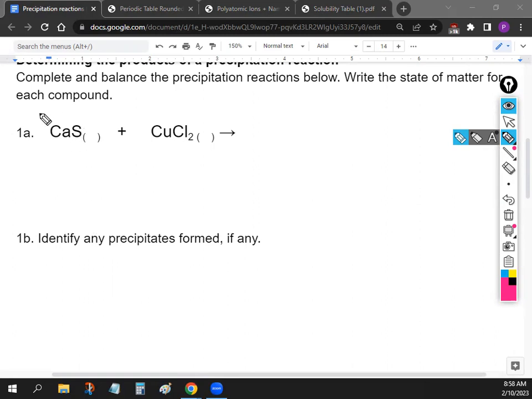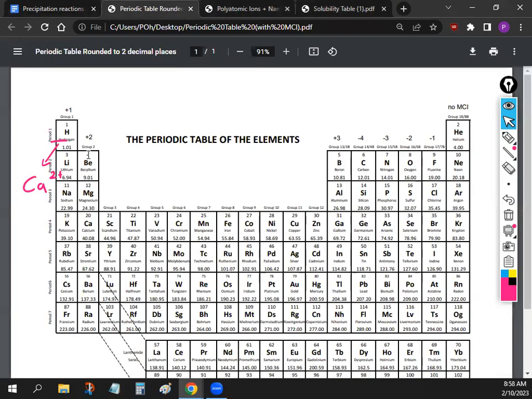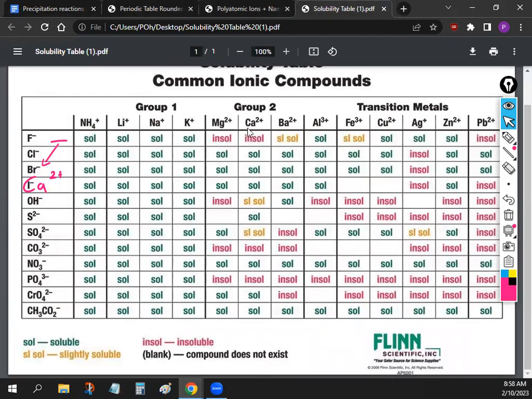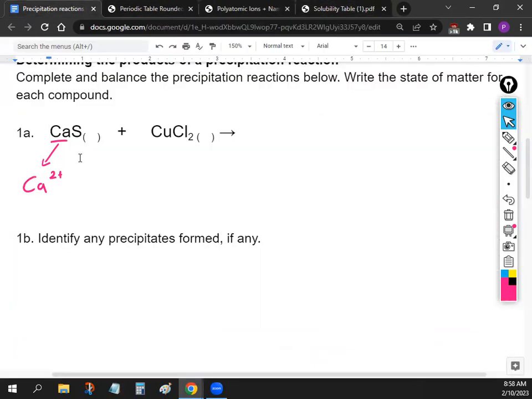Okay, so what is the cation in this compound right here? Yeah, it's going to be Ca. And what's the charge going to be on Ca? Yeah, +2. Okay, so there are multiple ways you can figure out that it's Ca +2. You can look on the periodic table. Ca is in the +2 column. You could also look on your solubility table. Ca is +2. So you've got Ca +2. All right.